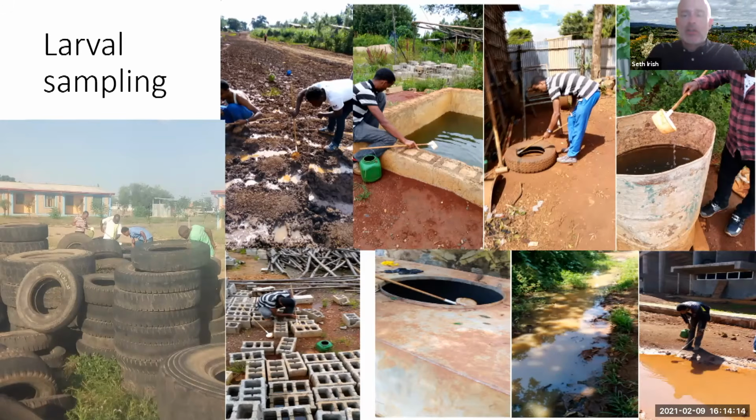We probably wouldn't even look in these types of metal drums. It doesn't mean they can never be there, but they're not preferred sites. This down here is probably much more what we would have sampled before. But we realized quite quickly that Anopheles stephensi has different larval sites, as Dr. Samira mentioned, and so we had to sample a wide range of sites.